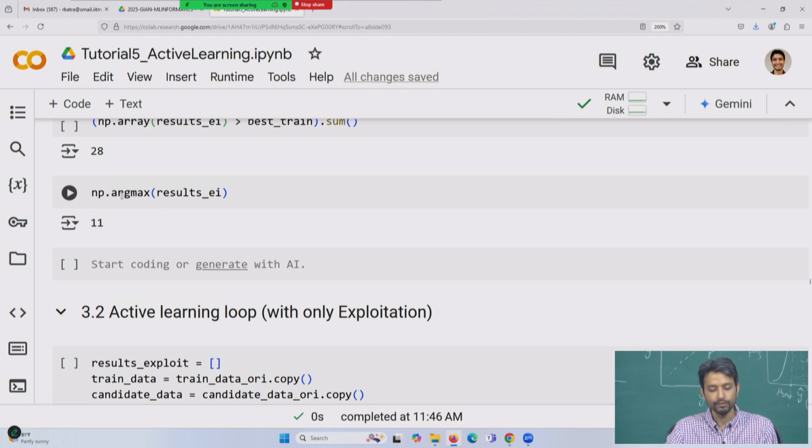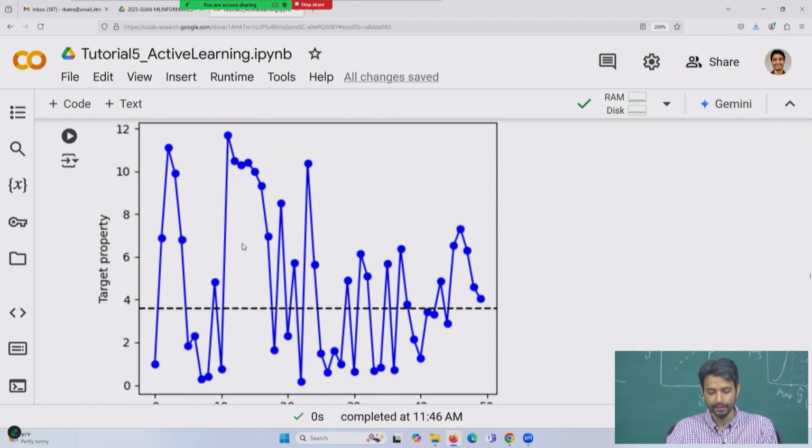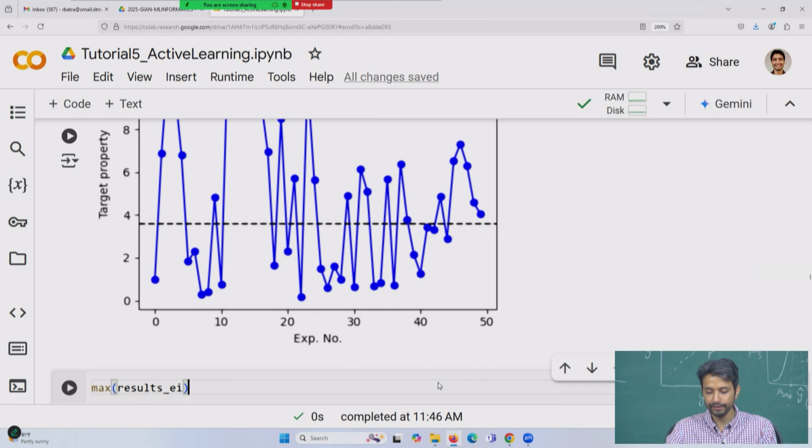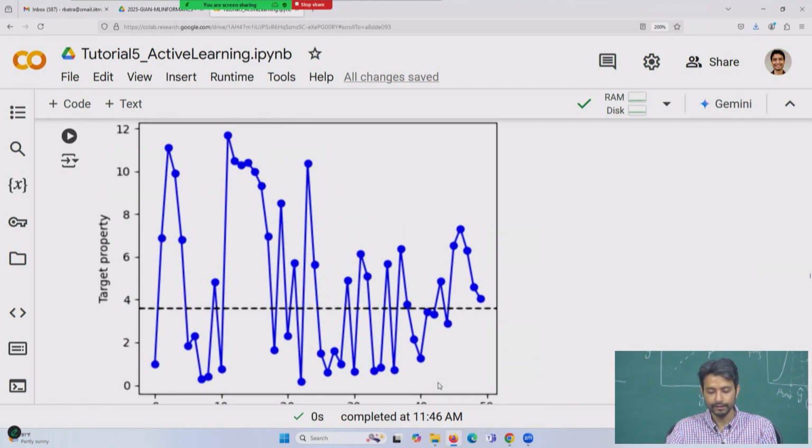And the best candidate was found at the 11th experiment. This was my best when I started my experimentation. You will find 28 points which are above this black line. In total 50 experiments have been run, and the 11th experiment is the one which resulted in the best band gap value.